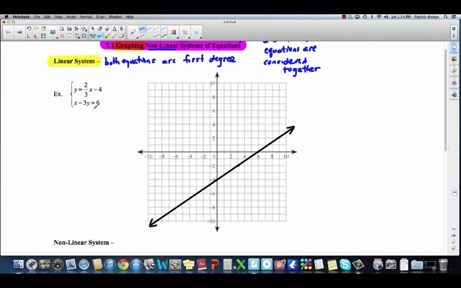Great. For the second line, there's different ways we could graph this. One way is to look for x-intercepts and y-intercepts. So if I'm looking for the x-intercept, make the y 0. So you have x equals 6. Oh, that was easy to find. And if you're looking for the y-intercept, make x 0. So that would leave you with -3y equals 6 or y equals -2, right? Divide both sides by -3, you get y equals -2.